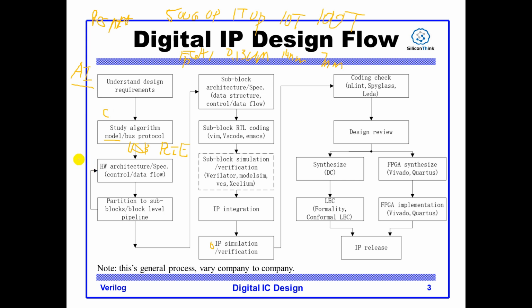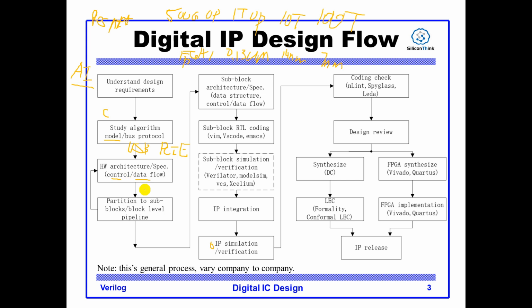This is the question, and you have to resolve this question at this step. Typically, you have to define the control flow and data flow for your circuit. That is how data is moving in your circuit and how data is computed when they are moving in your circuit.